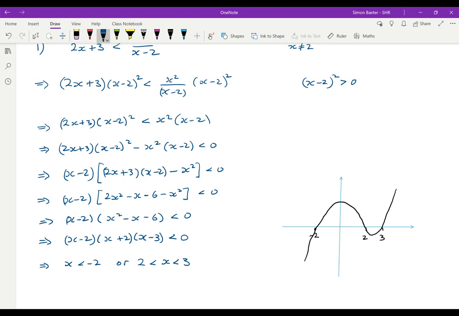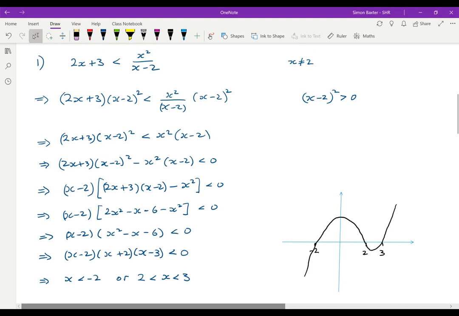So there is the solution to that. There are various other ways of doing this, but I think that what we have here is quite nice, quite simple, and it works easily.